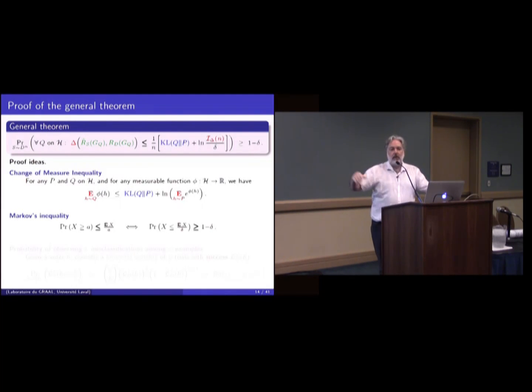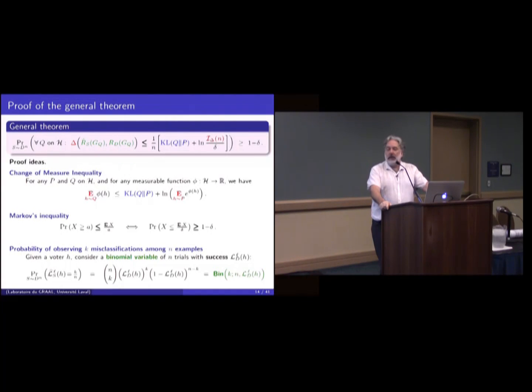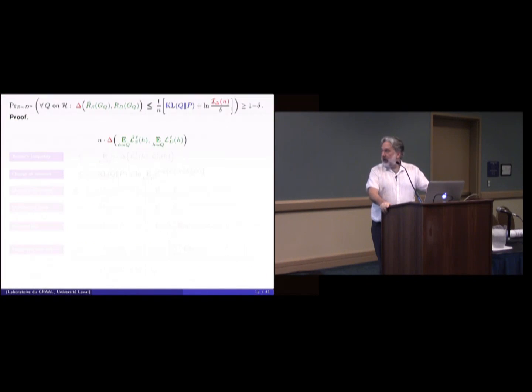Here we will make use of Markov's inequality, but we can think about using other types of concentration inequality. Also, here I will use the idea that the empirical risk on a finite set of n elements can only take n plus 1 values. So the empirical loss in general.